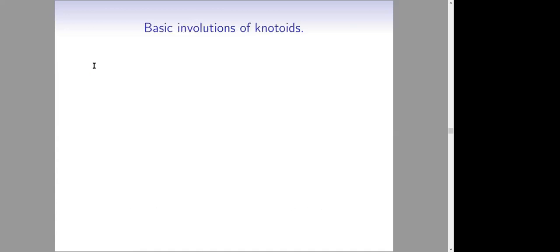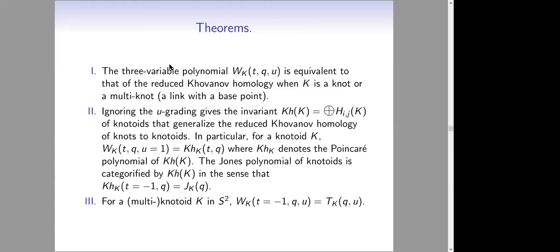Okay, so the next part is about the properties of this winding homology, but I was planning to only give the explanation of the Khovanov-knotoid homology, the generalization of Khovanov homology from knots to knotoids. So next time I will talk more about the winding homology. But for today, that's all I wanted to say.